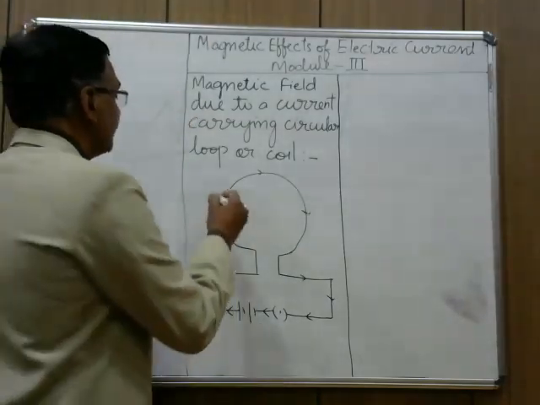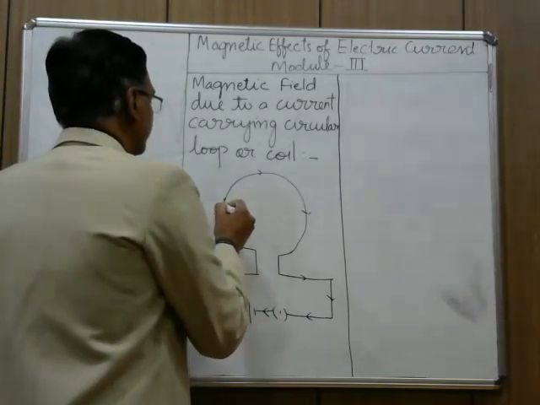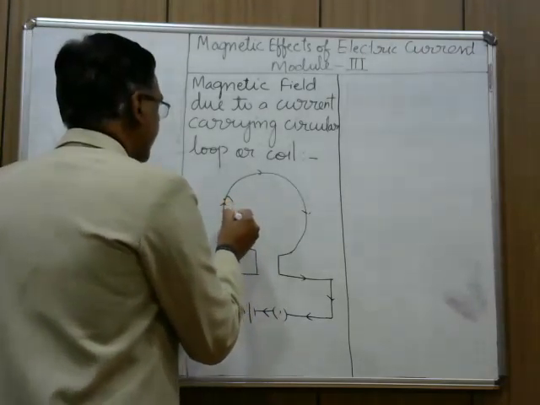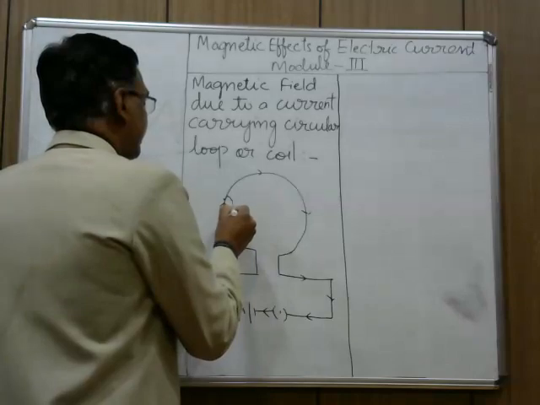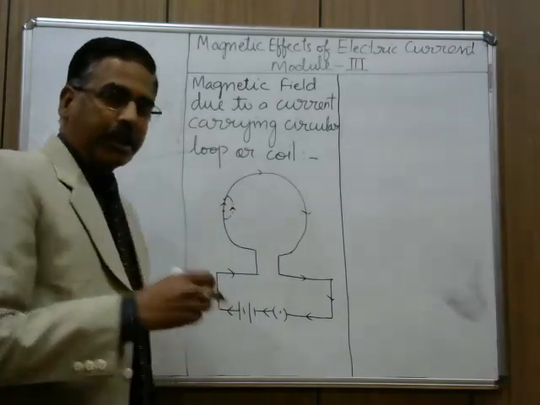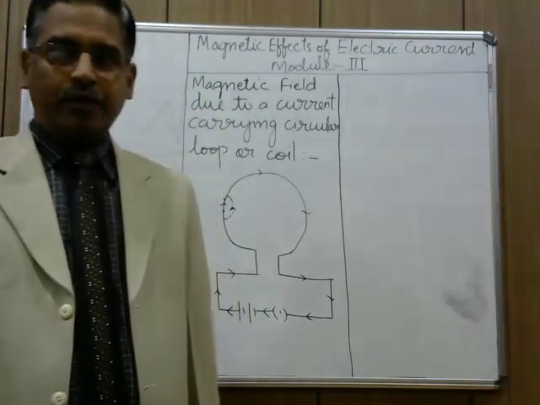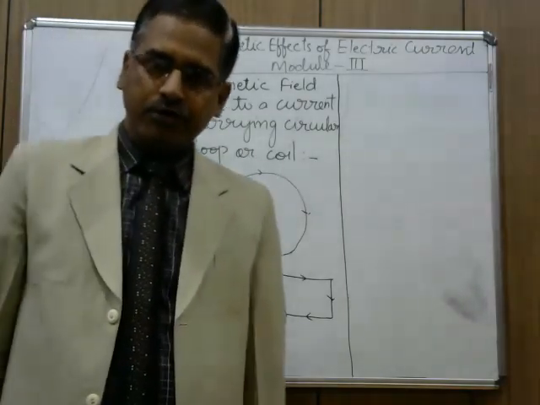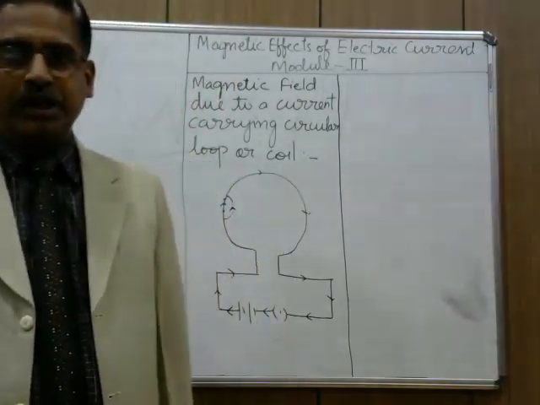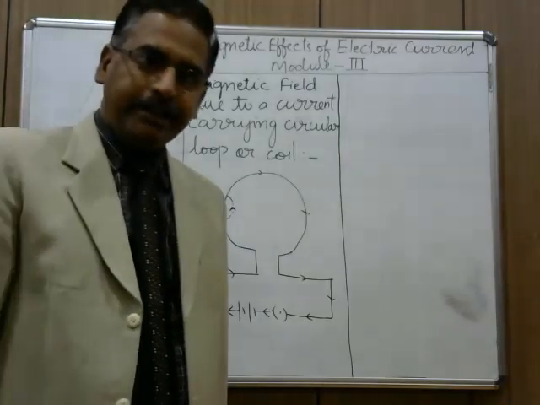Therefore, because of this element, the magnetic field will be anti-clockwise. And as I told you in the earlier modules, from one magnetic line of force to another magnetic line of force, the distance will continuously increase.